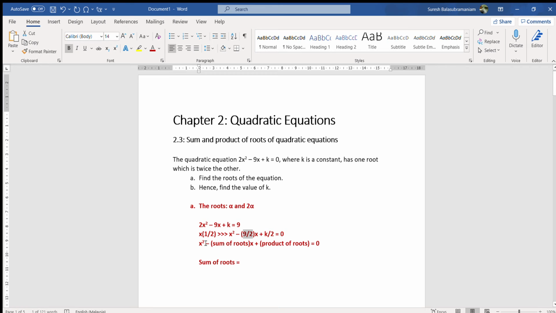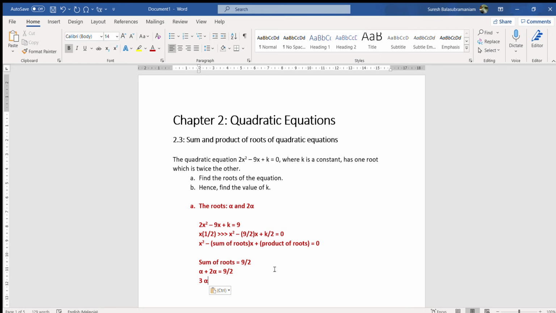You can see here we have a negative, we have an x, so whatever the b is, is the sum of roots. So sum of roots is 9 over 2, and we know our roots are alpha and 2 alpha. So alpha plus 2 alpha equals 9 over 2.